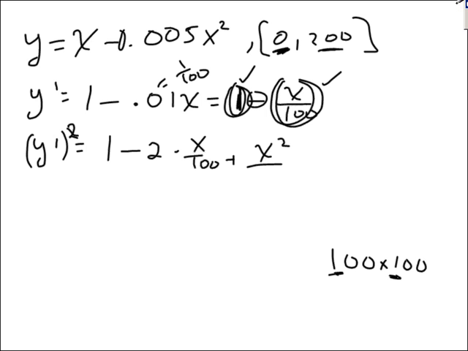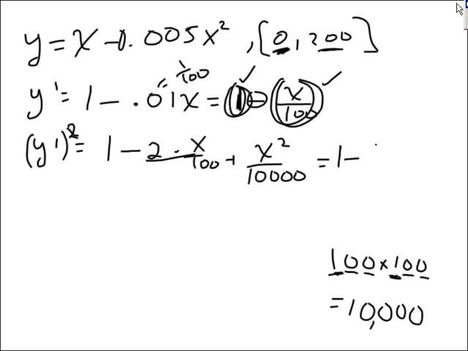Well, 1 times 1 is 1. 1, 2, 3, 4 zeros. 10,000. It's x squared over 10,000. And this is just 2x over 100, which is x over 50. Is 1 minus x over 50 plus x squared over 10,000.